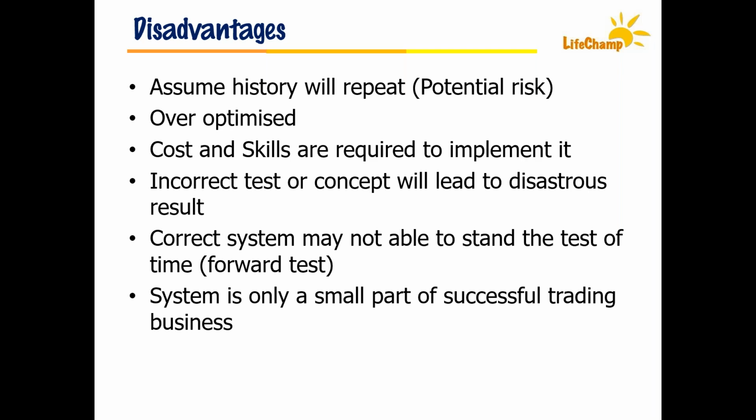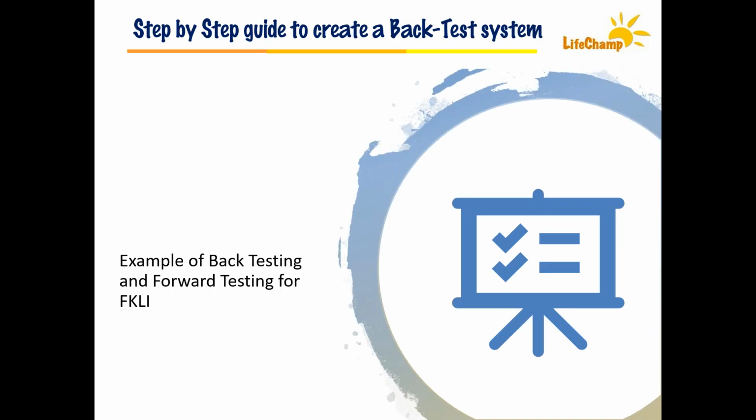So that's why we call it you need to do a forward test, and the forward test may fail even if you have a very good system. And the system is only a small part of a successful trading business, because it's not the entire thing, you know, in trading.